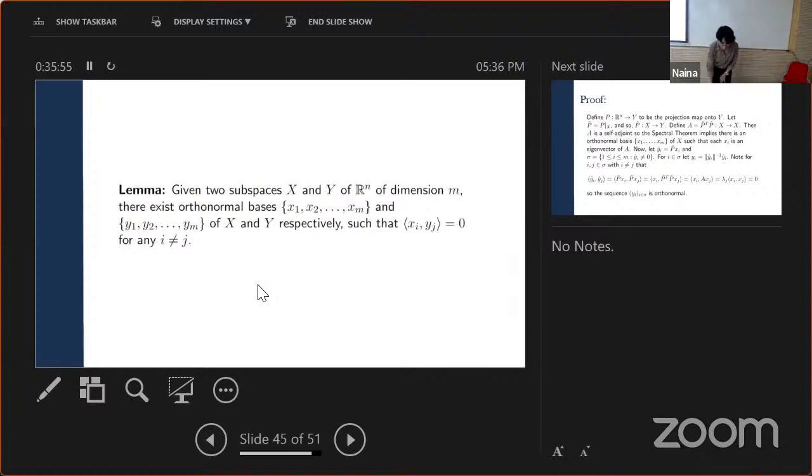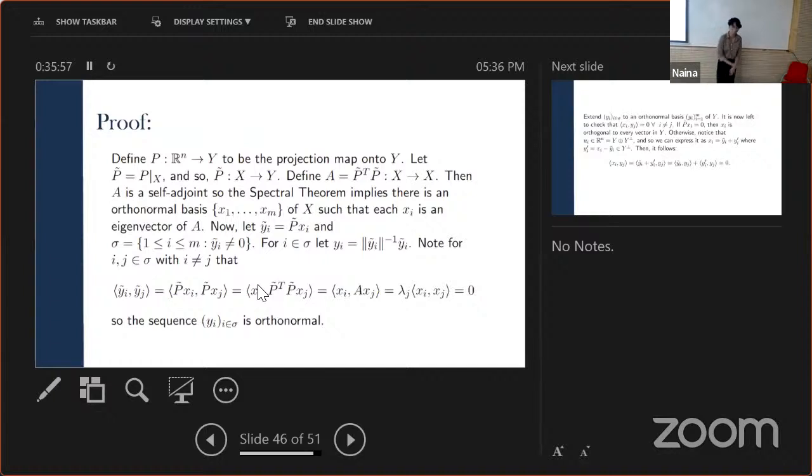And this can be proved. I'll quickly go over the proof. We define a projection map from R^n onto the subspace Y. If we restrict our projection map to X, then we can define another linear transformation, P transpose P tilde.